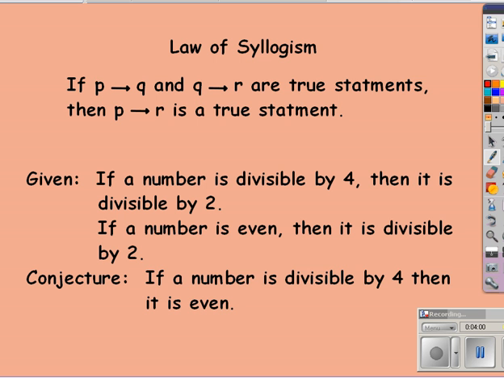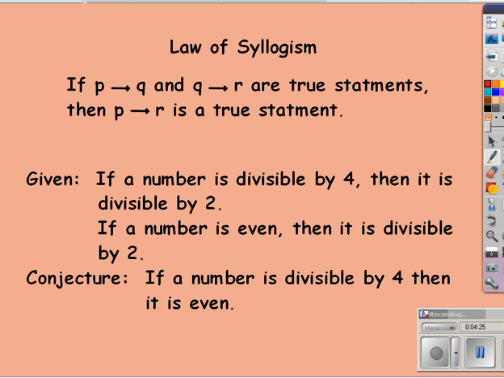We're going to look at another law here, the law of syllogism. It's a little more confusing. It says if we have 2 conditional statements, if P then Q, and if Q then R are true statements, then P then R is a true statement. Some of you have asked, where does the letter R come from? I think it's just the next one in the alphabet.